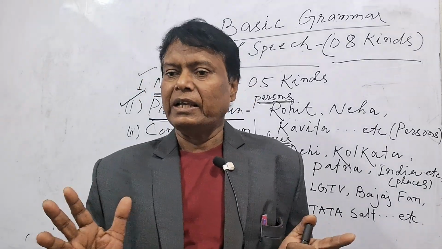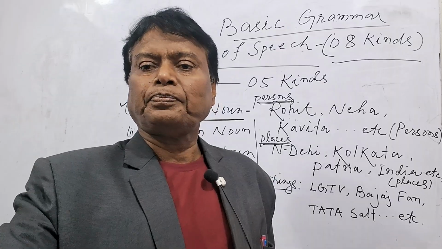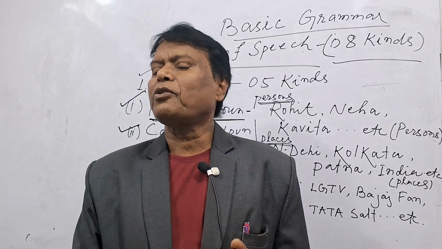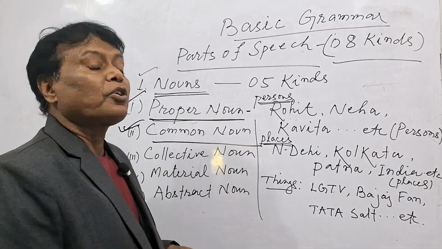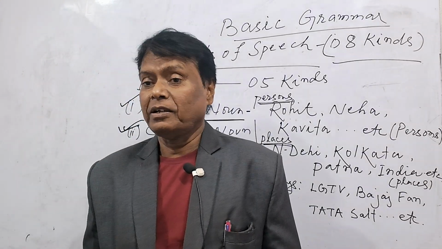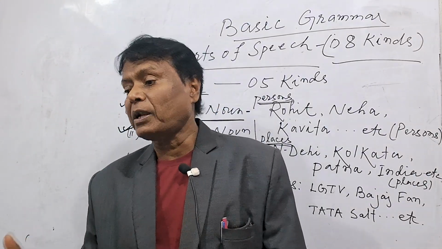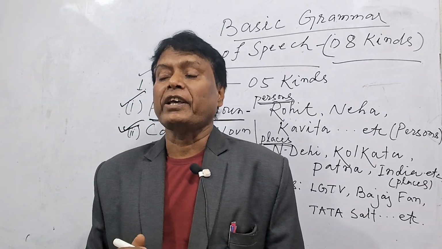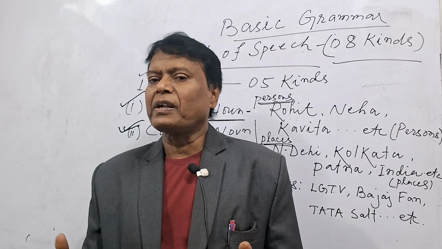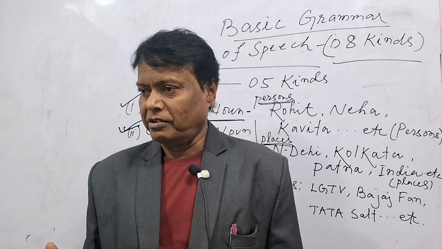Okay, clear now? The next is our common noun. What is a common noun? Simply, if you define common people, common things, common places, then the proper name is not there. Common naming persons are like your children.